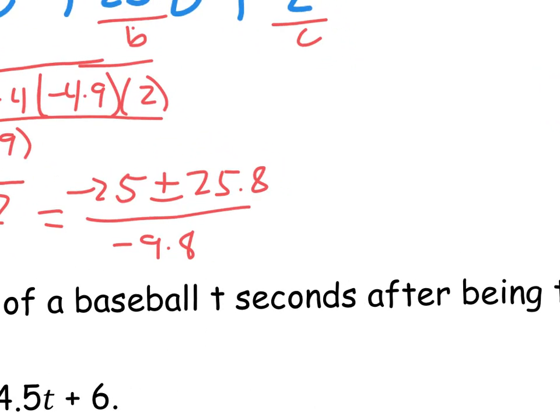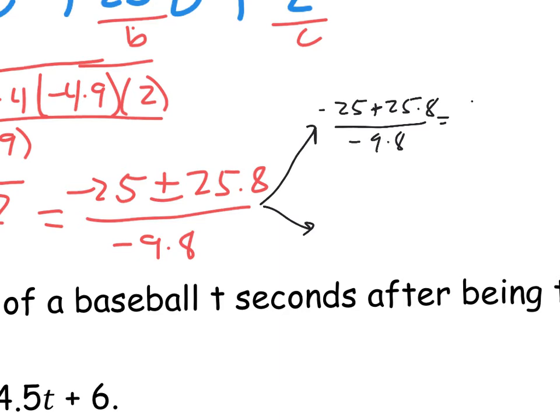So splitting it up into my two problems now. One answer is usually negative, one's positive. You want the positive answer. So I get negative 25 plus 25.8 over negative 9.8. So adding those together, I get 0.8 over negative 9.8.